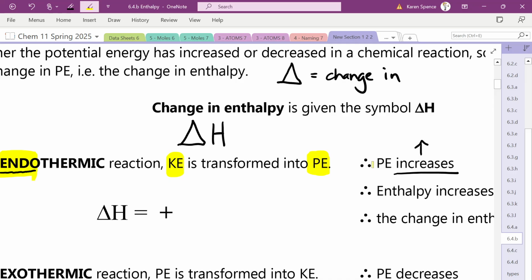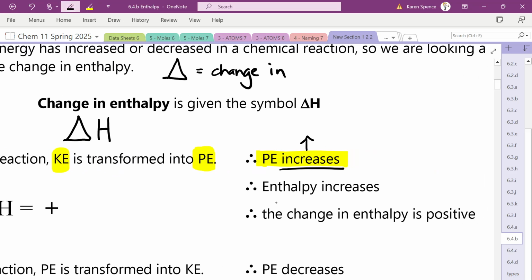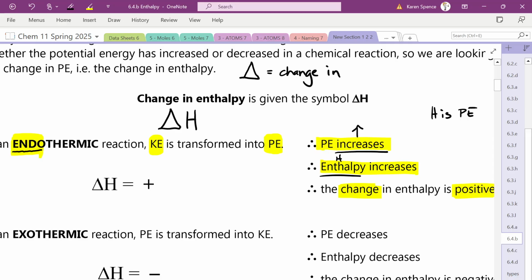And because we are basically saying that enthalpy, which is H, is the potential energy, the chemical potential energy, if potential energy is increasing, then enthalpy is also increasing. And if something is increasing, its change is positive. So for an endothermic reaction, delta H would be a positive value.